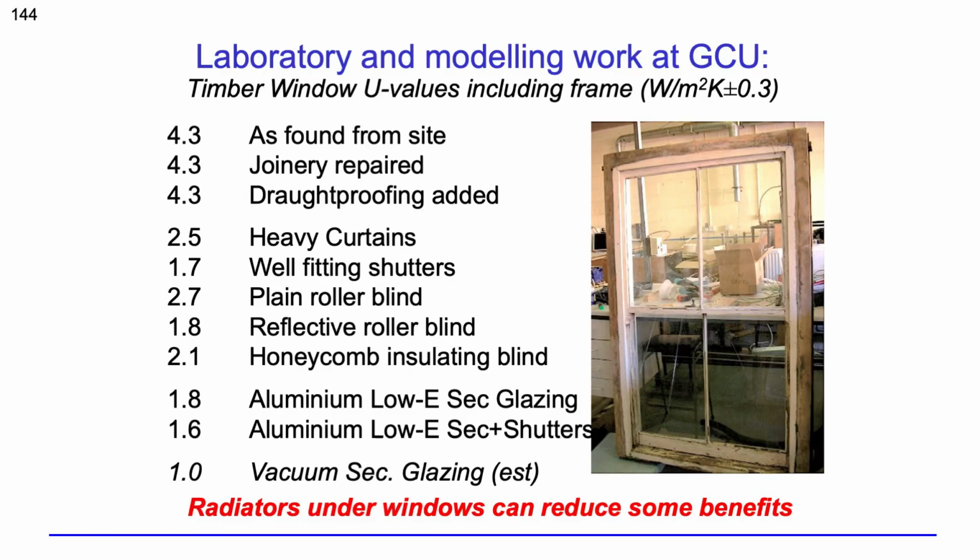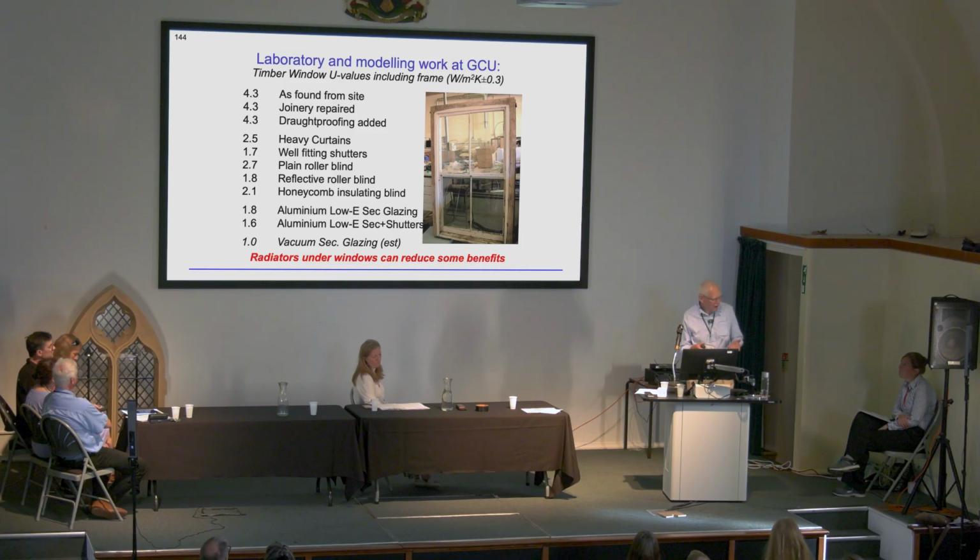And this is a window that was taken out of a building, put in a climate chamber, 2 climate chambers, a hot one and a cold one at Glasgow Caledonian University, and then you look what happened when you played around with it. So if you start off, it doesn't change, obviously, the total value, whether you've repaired the joinery or added draft proofing, but I'll come to other things it does later.